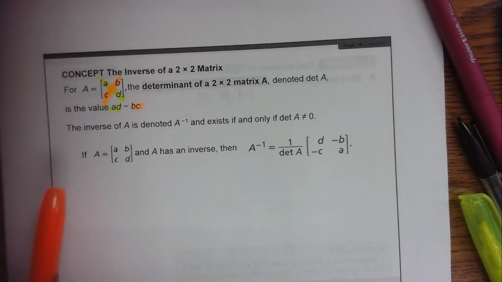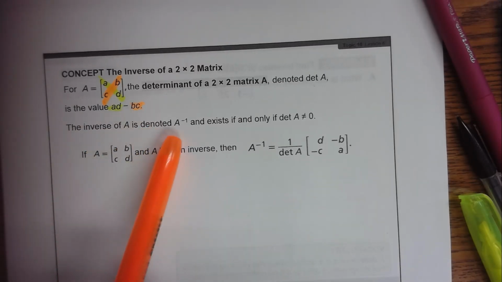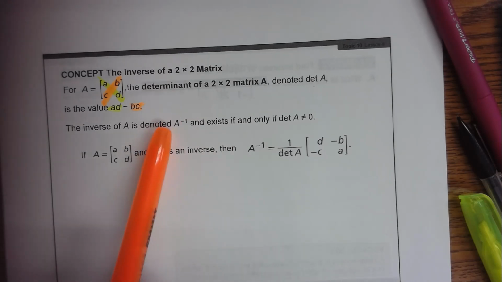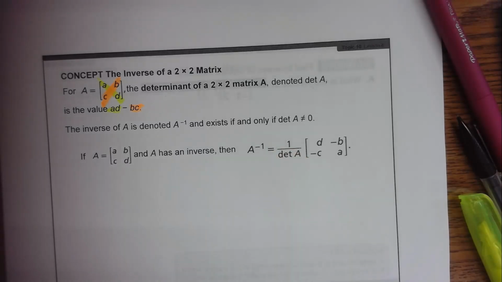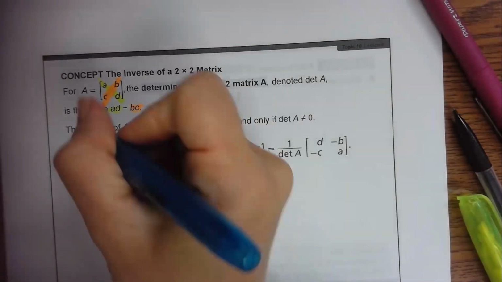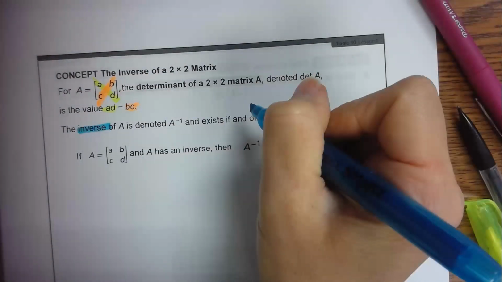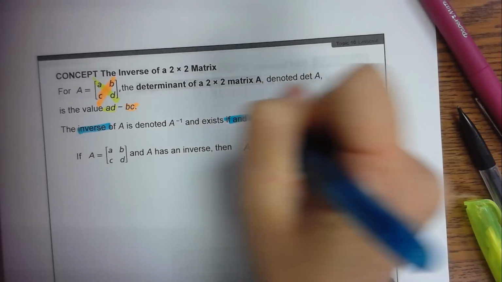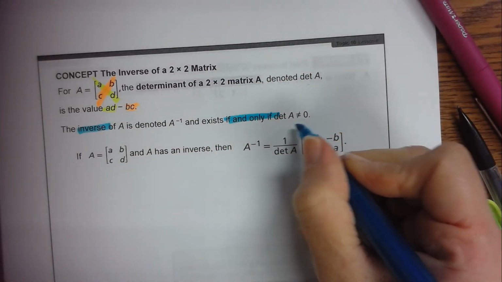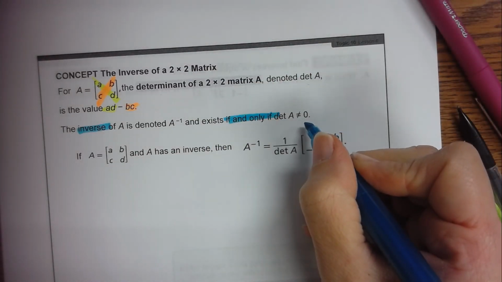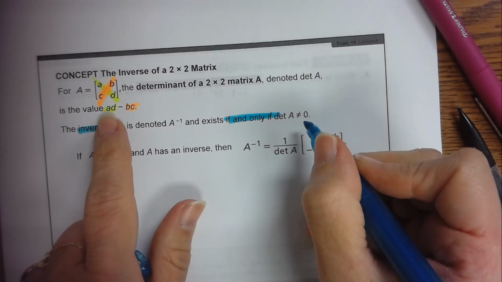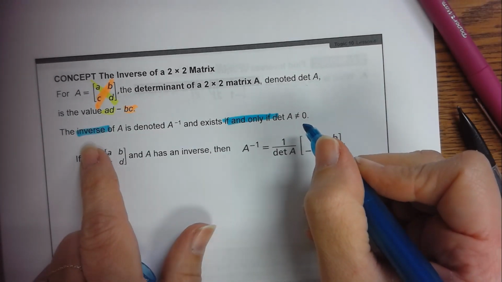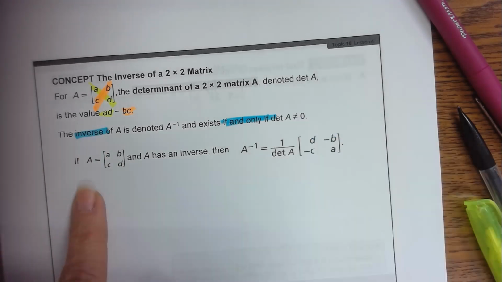Okay, the inverse of A is denoted as A negative 1, just like inverse functions, so same idea. And it exists if and only if the determinant of A is not equal to 0. So if I do this calculation and it's not 0, then the inverse exists. Okay?